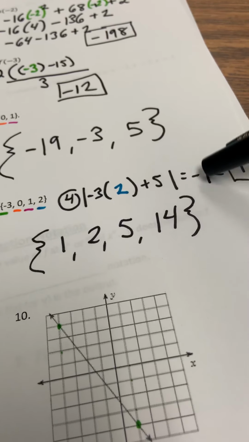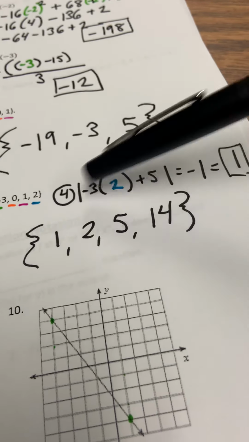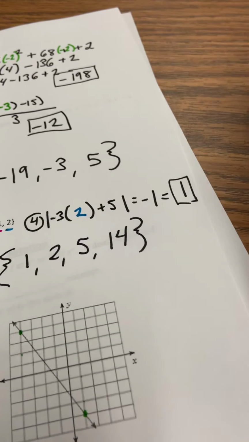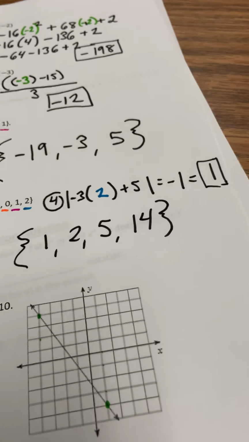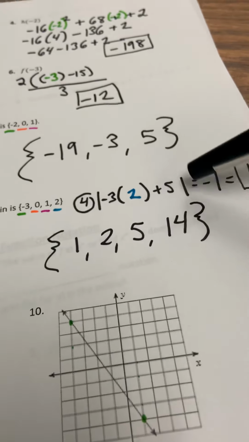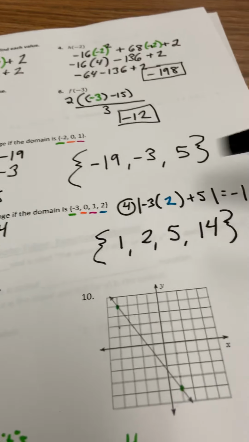That gave me a negative 1, but I have my absolute value brackets. So negative 1, yes, negative 1 is negative, but it's only 1 spot away from 0, which is why it's positive. I know it's kind of goofy, but just remember, when you have absolute value, your answer is going to be positive.